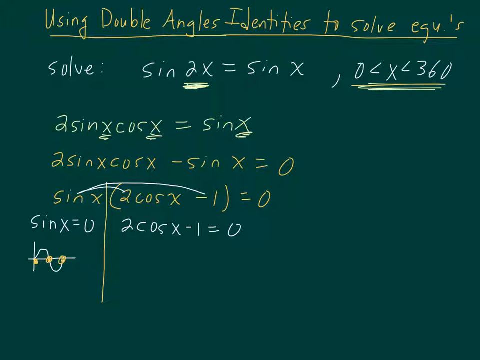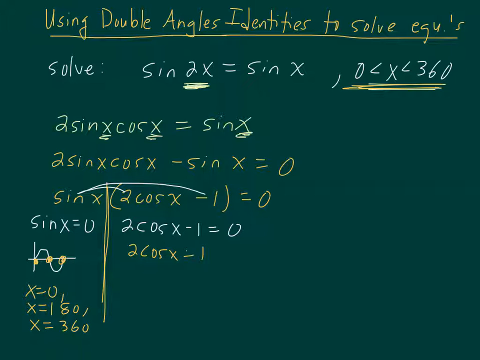We're looking to do this from 0 to 360. So that means we're going to get x equals 0, x equals 180, and x equals 360 for our angles from this factor.